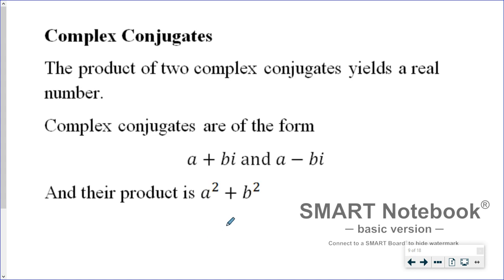That is very important. I never really think of it like this. I just go ahead and multiply it out, and then I know the middle terms are going to cancel.